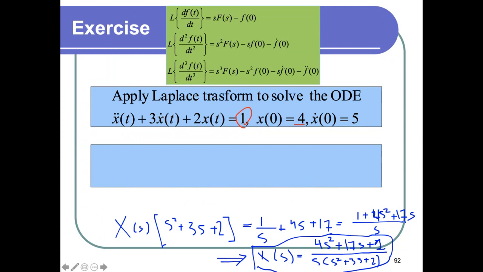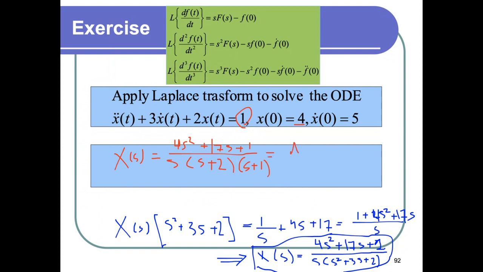So, let me use red. X of s again is, let me factorize the denominator. We have s multiplied by s plus 2 multiplied by s plus 1. The numerator is 4s squared plus 17s plus 1.